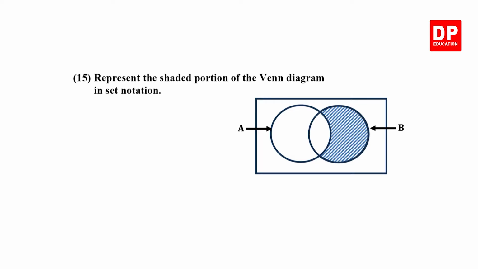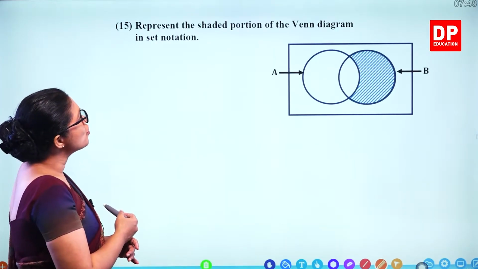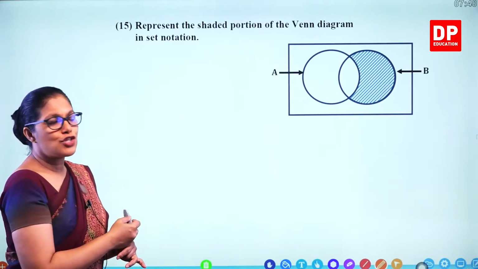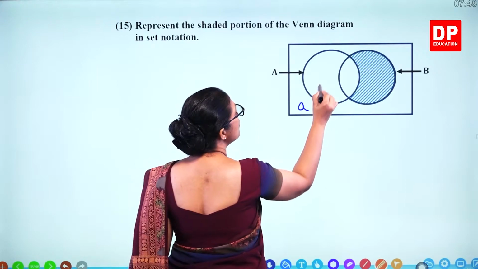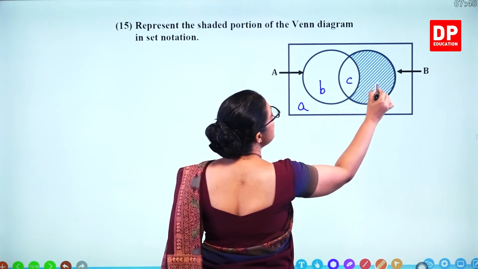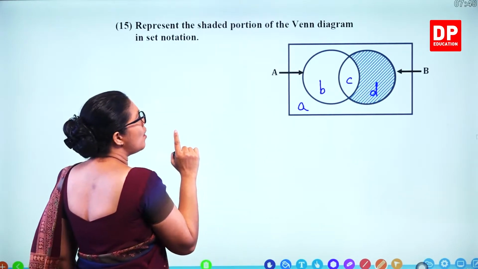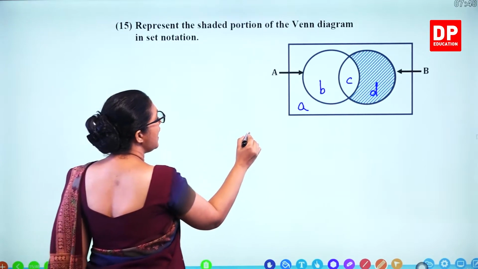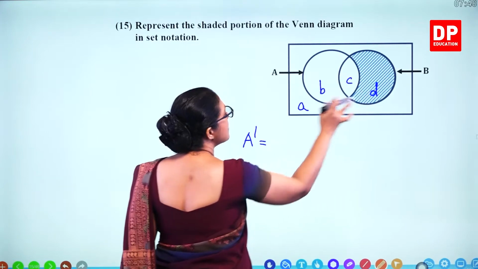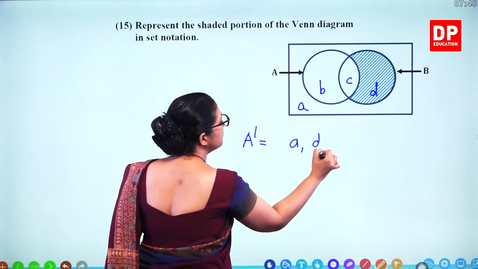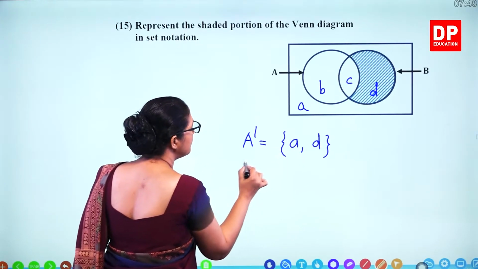Question number 15. Represent the shaded portion of the Venn diagram in set notation. If you can't identify it first, you can label the regions A, B, C, D. Now we can write what's A dash, outside A. That's B and D. What's B?